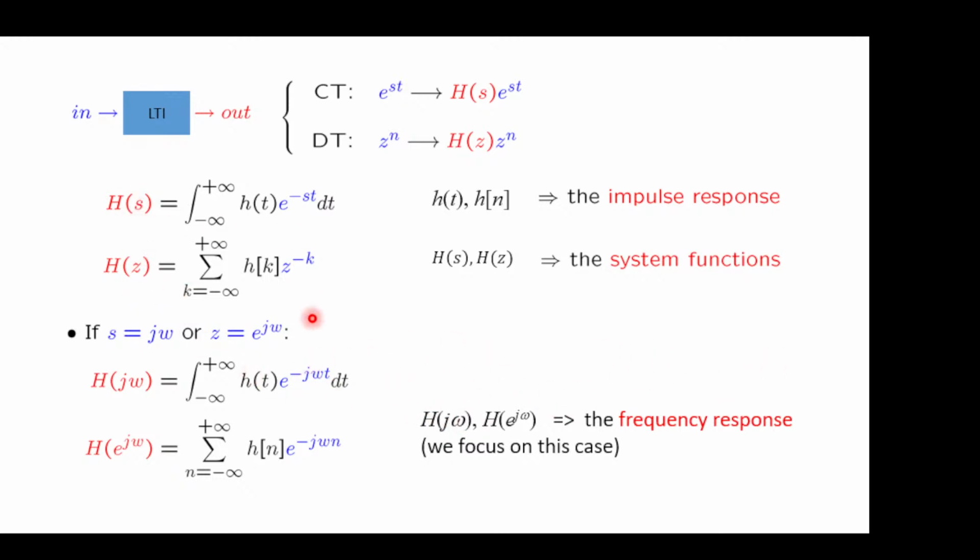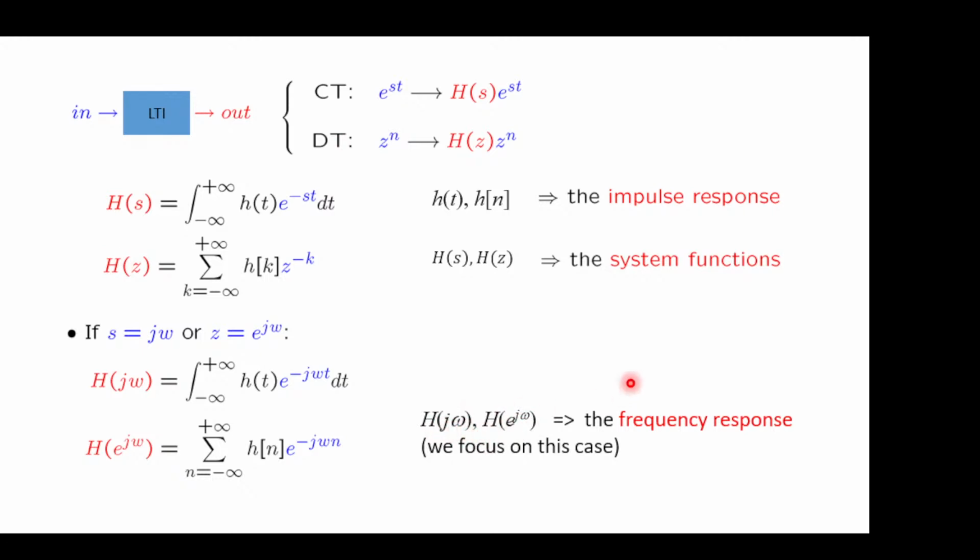So if you restrict your S to pure imaginary, then you can think about it as the response of your system to a signal with some frequency omega. This is basically the response of your system to e to the j omega t, right? Okay. So it's a response to the frequency omega. And similarly for discrete time, although discrete time, just because of notation, is e to the j omega instead of j omega.